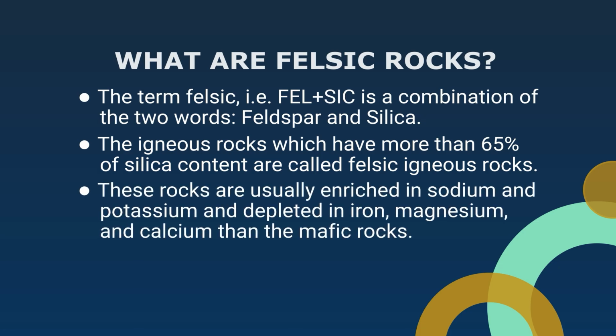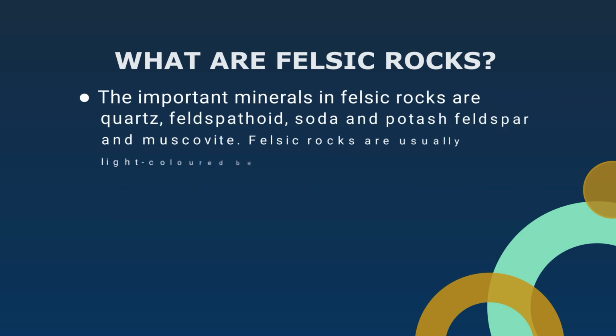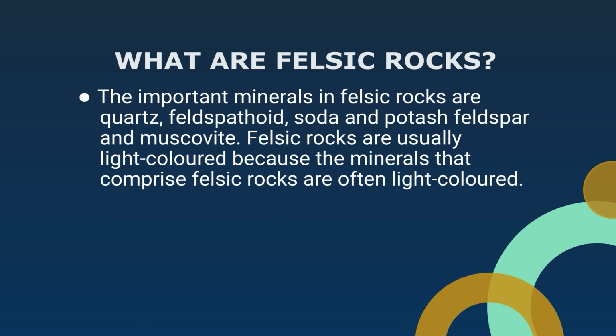These rocks are usually enriched in sodium and potassium and are depleted in iron, magnesium and calcium compared to their mafic counterparts. The important minerals in felsic rocks are quartz, feldspathoid, soda and potash feldspar, and muscovite. Felsic rocks are usually light colored because the minerals that comprise them are light colored.